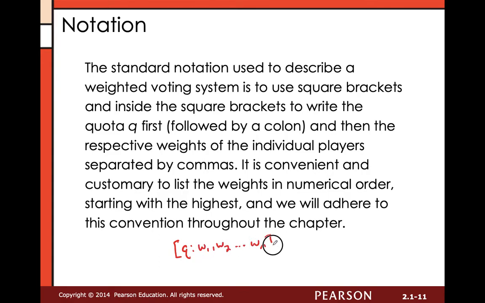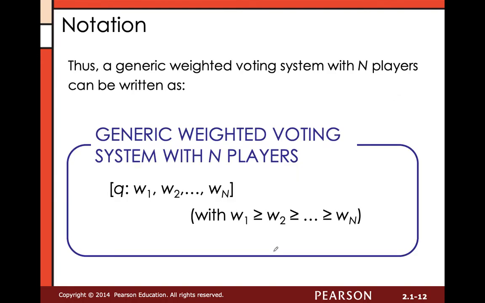And again, we're going to list the weights in numerical order, starting with the highest and then going down from there. So here that is once again, our generic weighted voting system with n players. You've got your Q followed by a colon, and then W1 listed all the way to Wn, with W1 being the largest, W2 being the next largest, all the way down to Wn being the smallest.